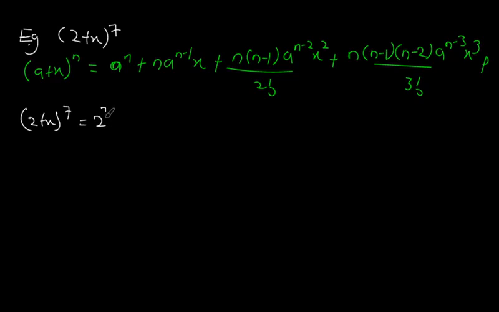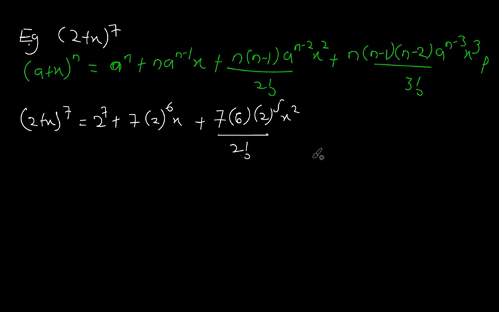So we have 2 power 7 first, then plus 7, which is the n over here, then the a is the 2, so we have 2 power 6, then x, then plus 7, then 6, the n is 7, n minus 1 is 6, then we have the a, which is 2, power n minus 2, 7 minus 2 is 5, x squared, then divided by 2 factorial.